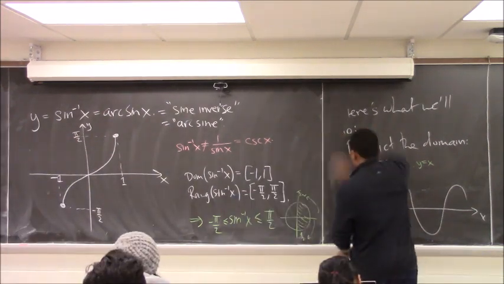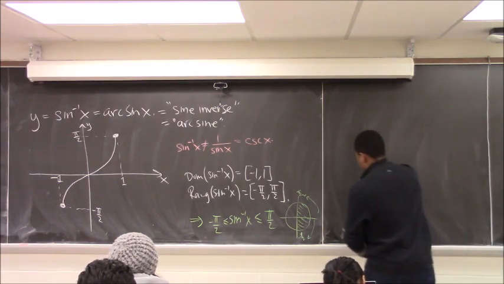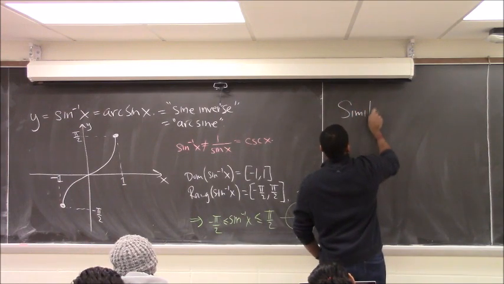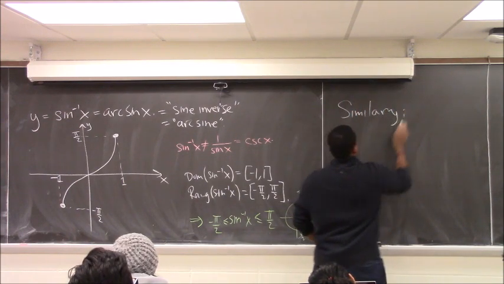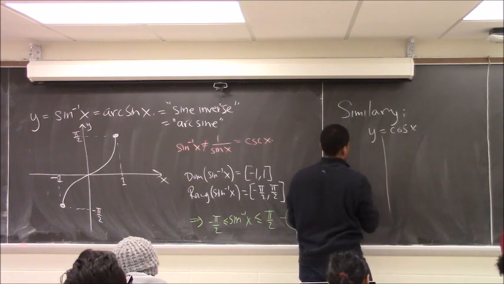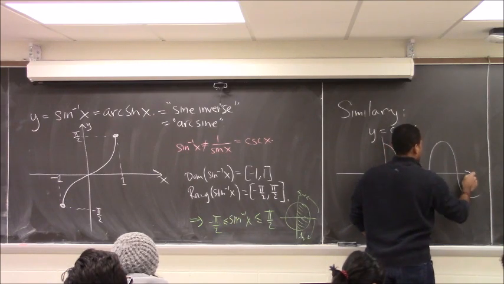Similarly for cosine. If we look at y equals cosine of x, that graph looks like this, going on forever, doing its thing.